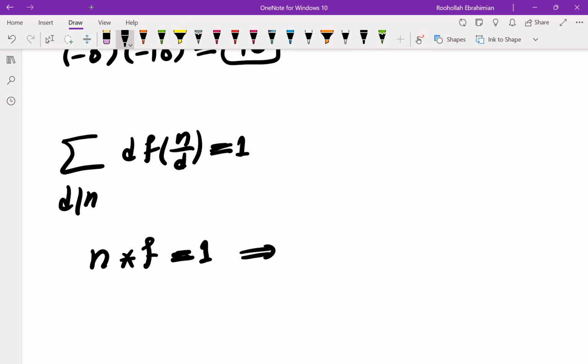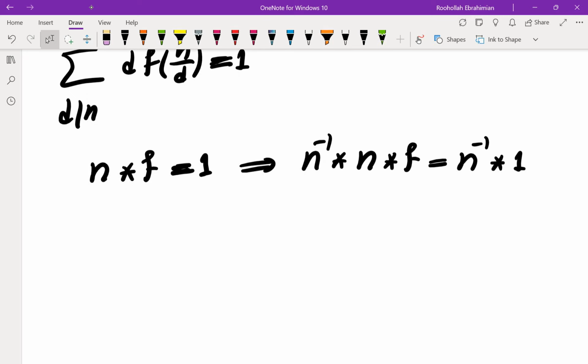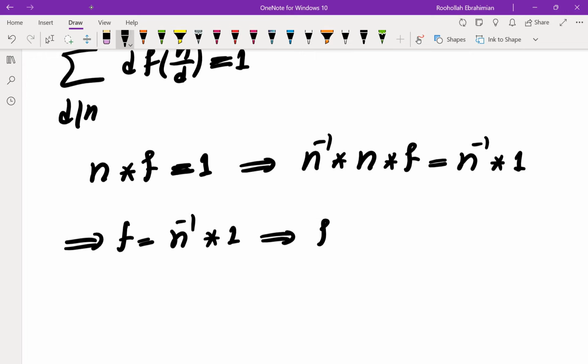Now, there is a way to evaluate these using inverse. So everything has an inverse. So you can multiply this one by the inverse of n, and that gives you f equals n inverse convolved with 1. So this tells us that f is in fact multiplicative.